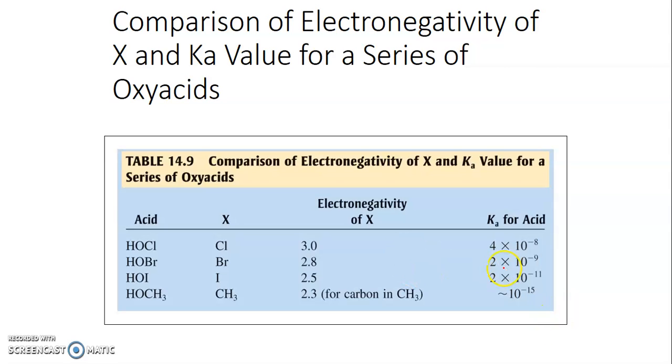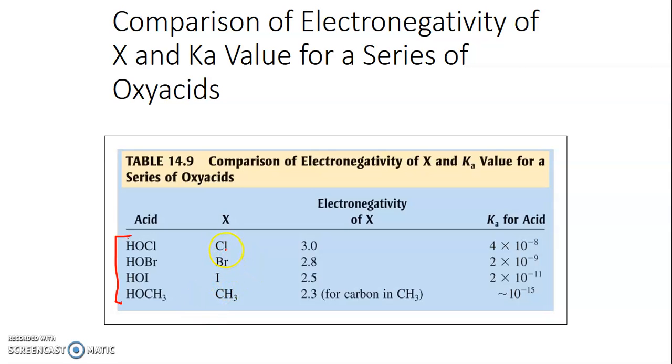It's also important to be able to compare the electronegativity, because if we are asked to compare these four acids, all of them have the same number of oxygens, and that may be a difficult thing for you to look at. You can't just look at which one has more oxygens and say that one's more acidic. Instead, we compare the electronegativities of the element or group of elements that is not oxygen or hydrogen.